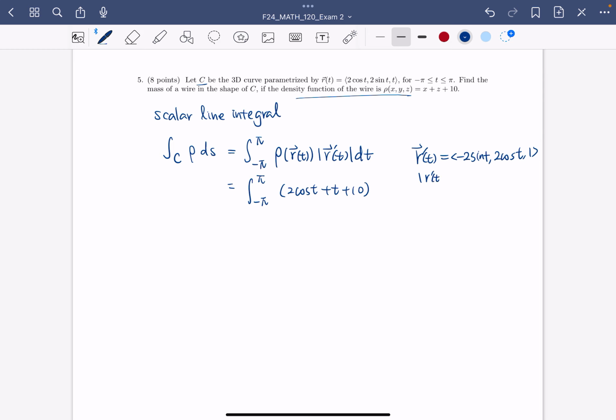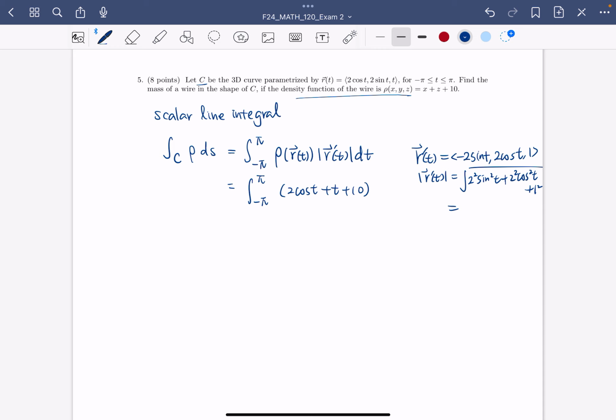So its magnitude should be, so you have 2 squared sine squared t, because of the square, the negative sign goes away, and cosine squared t plus 1 squared, and take the square root.